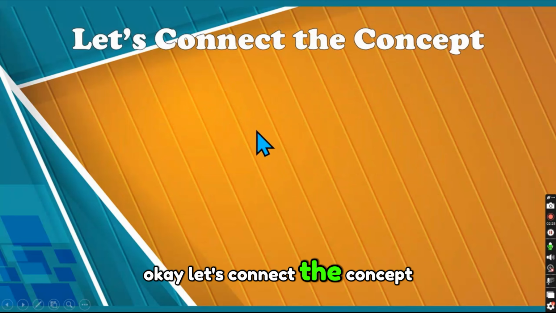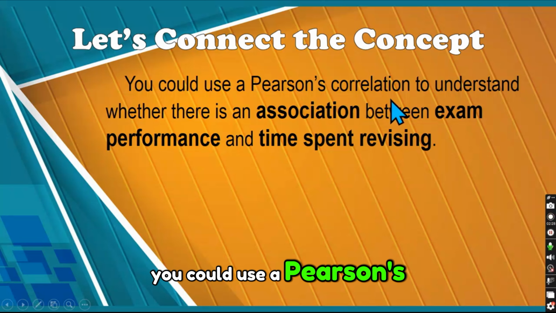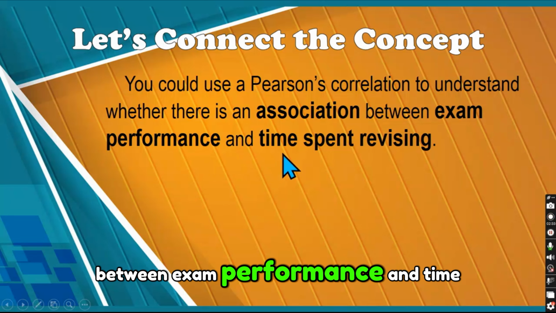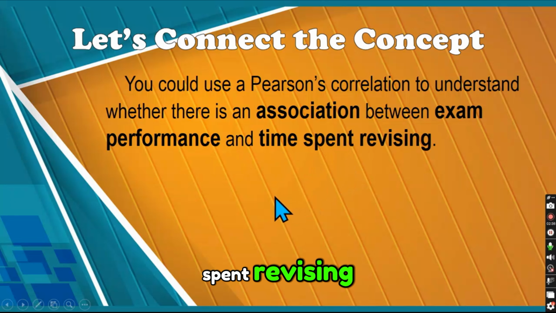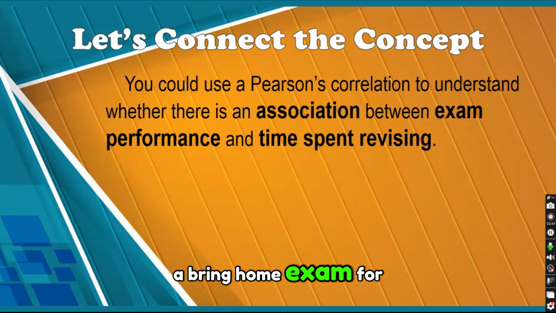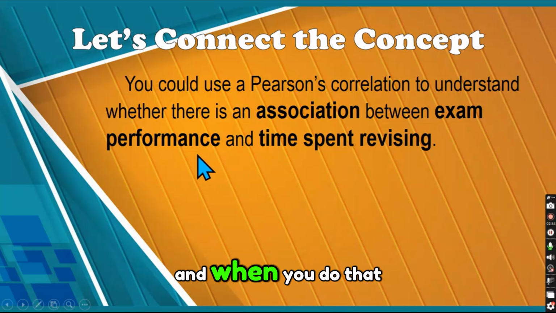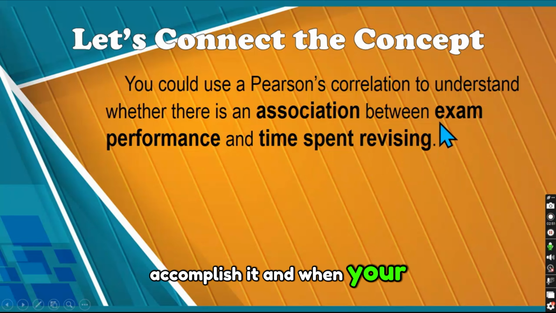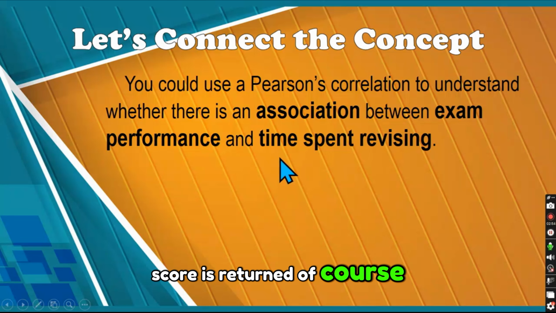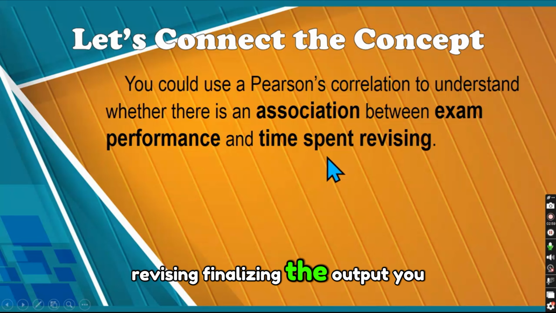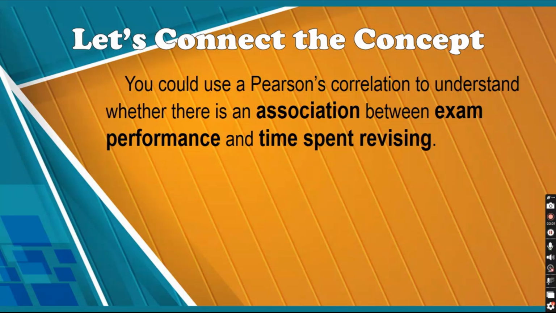Okay, let's connect the concept. You could use a Pearson's correlation to understand whether there is an association between exam performance and time spent revising. I believe you have experienced a bring home exam, for example, and when you do that exam, of course, you need some time, a period, to accomplish it. When your score is returned, you can also measure the time you spent revising and finalizing the output.